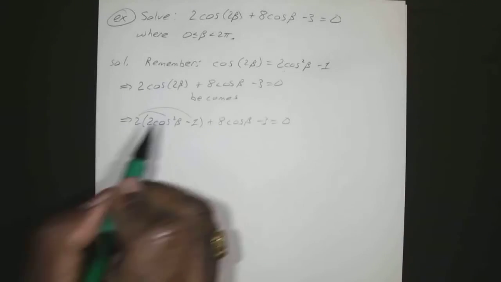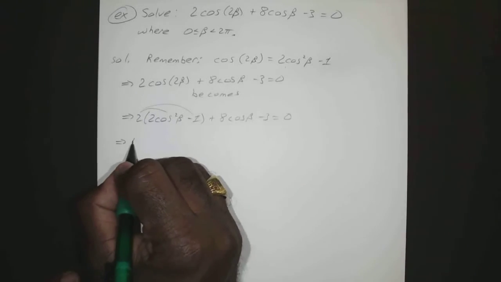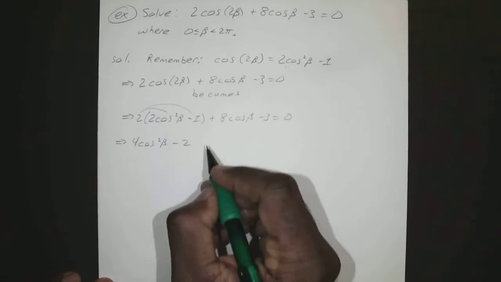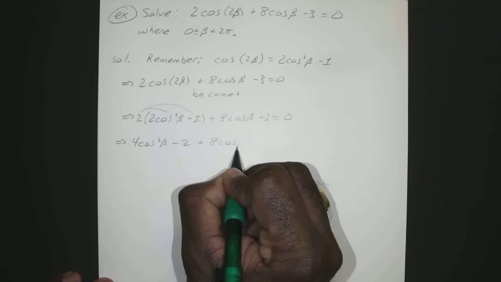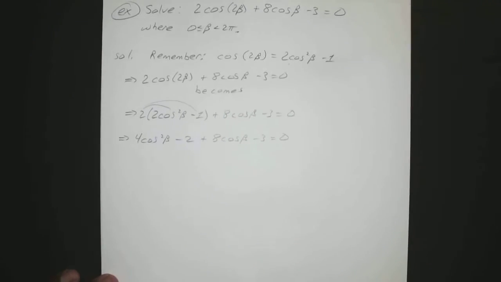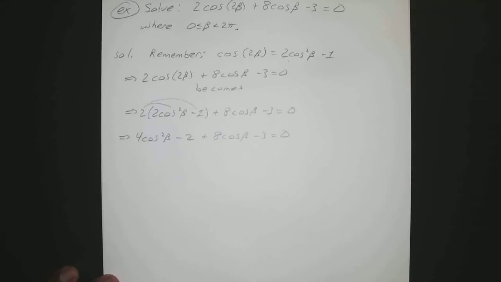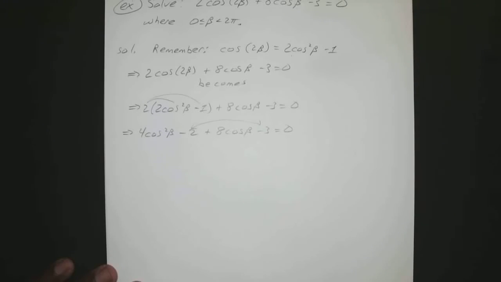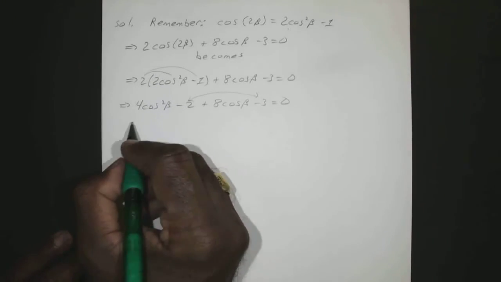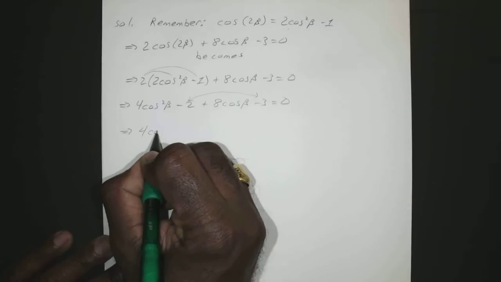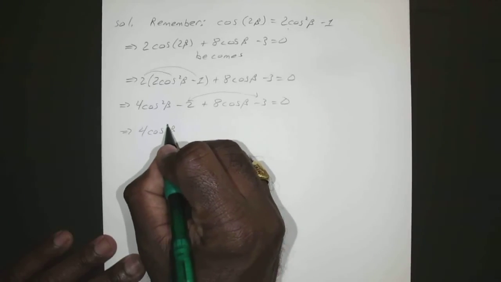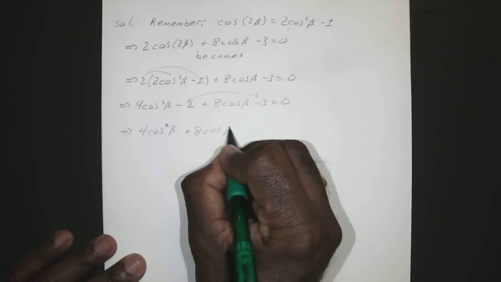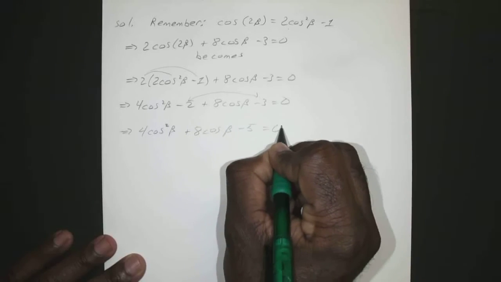Okay, so if we go ahead and distribute that 2, we have 4 cosine squared of beta minus 2 plus 8 cosine of beta minus 3 equals 0. And now we just have to combine our like terms, so really just the negative 2 and negative 3. So you have 4 cosine squared of beta plus 8 cosine of beta minus 5 equals 0.